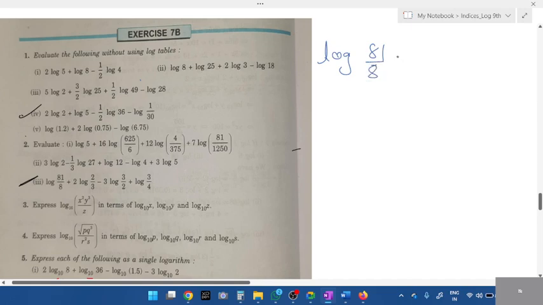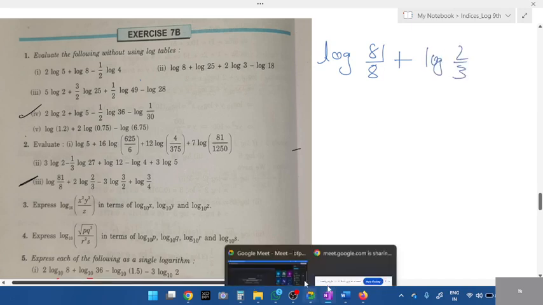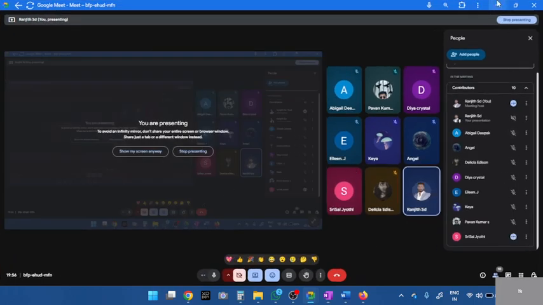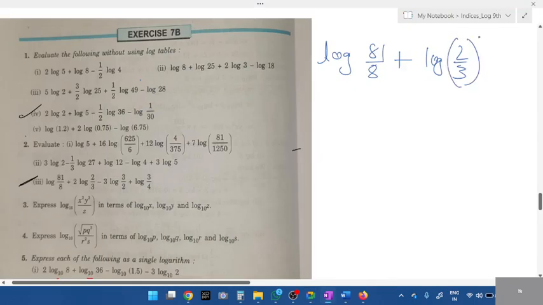81 to the power of 8 plus. Respond, Ananya. Unmute the call. Log 2 to the power. Before log, what is given, students? What do we have before log? 2. No, no, no. Why have you written 2 to the power of 2 by 3?